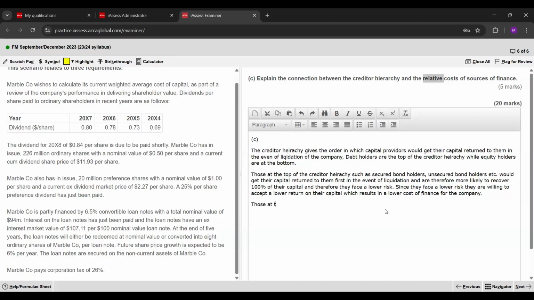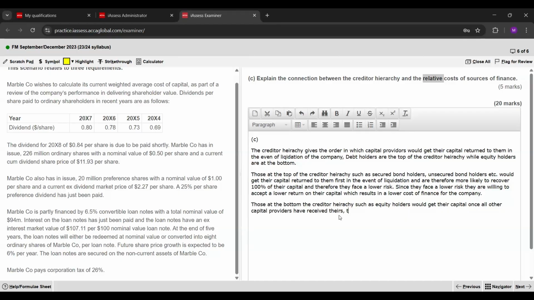Those at the bottom of the credit hierarchy, such as equity holders, would get their capital once all other capital providers have received it.